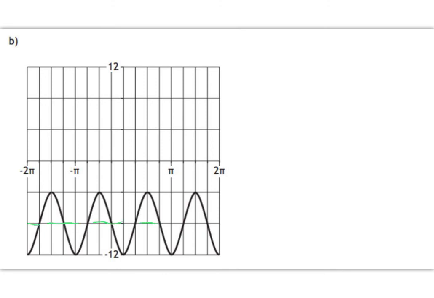My midline, I have to be real careful here because that's counting down to negative 12, which means that each of these 3 lines is going to be 4. So midline's at negative 8. My amplitude, going from there to the top, is 1 tick mark here.